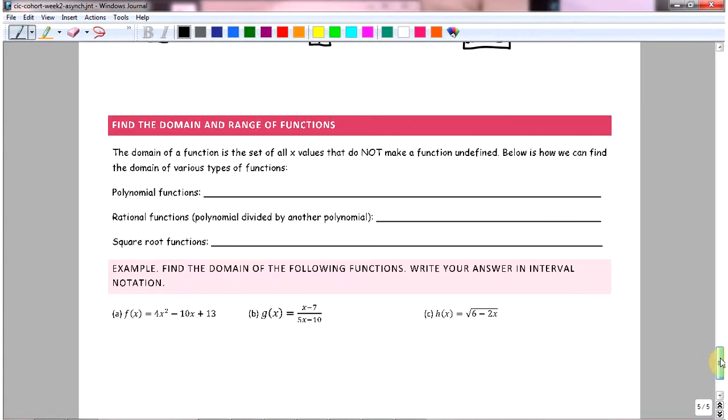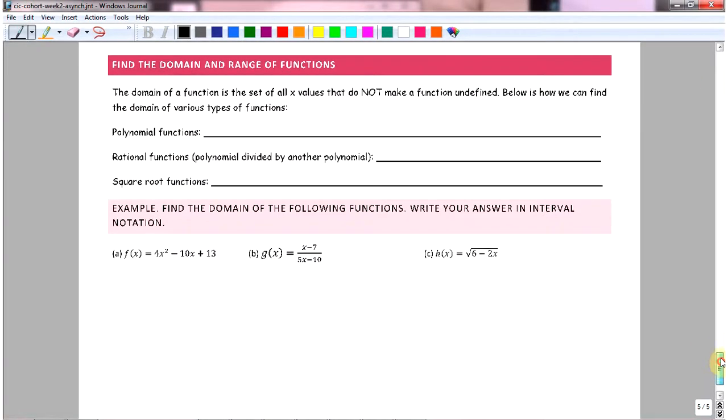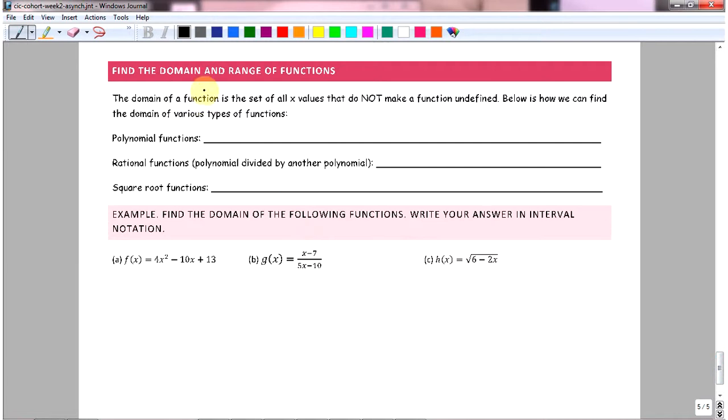The last topic we want to look at is finding the domain and range of functions. The domain of a function is the set of all x values that do not make a function undefined. Below is how we can find the domain of various types of functions. So let's start off with polynomial functions.